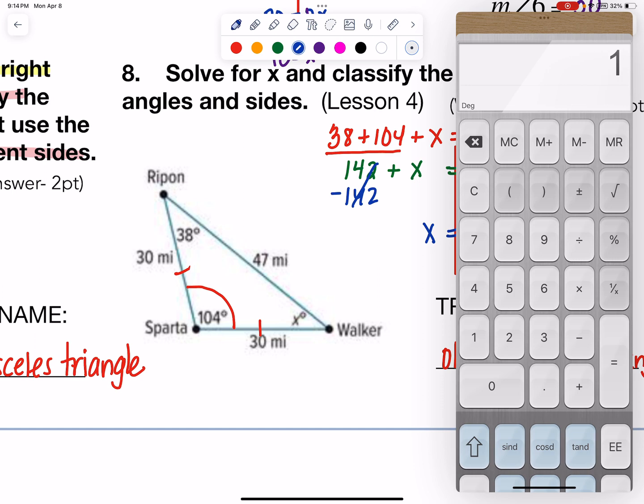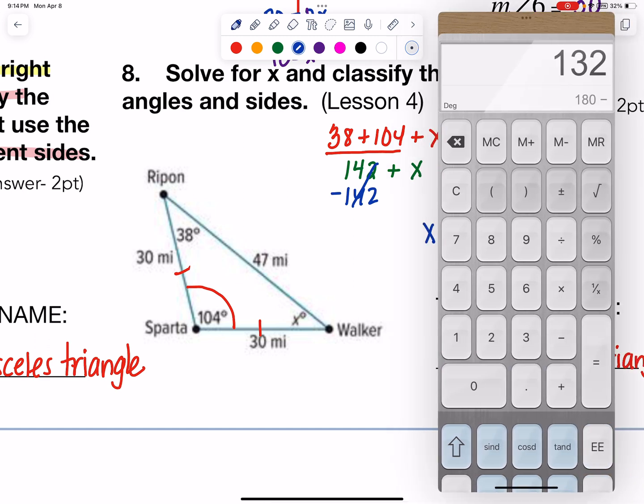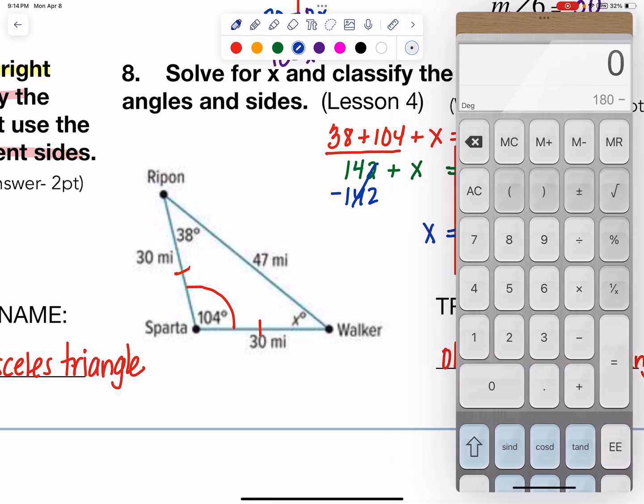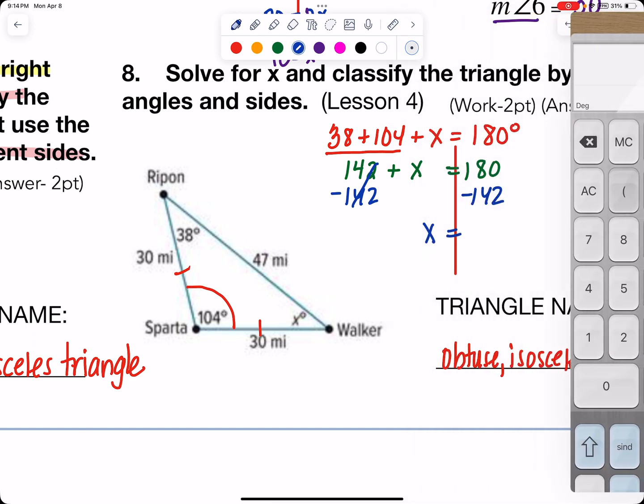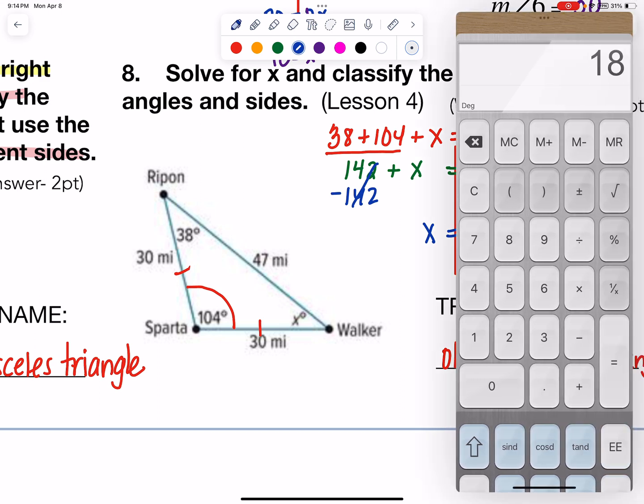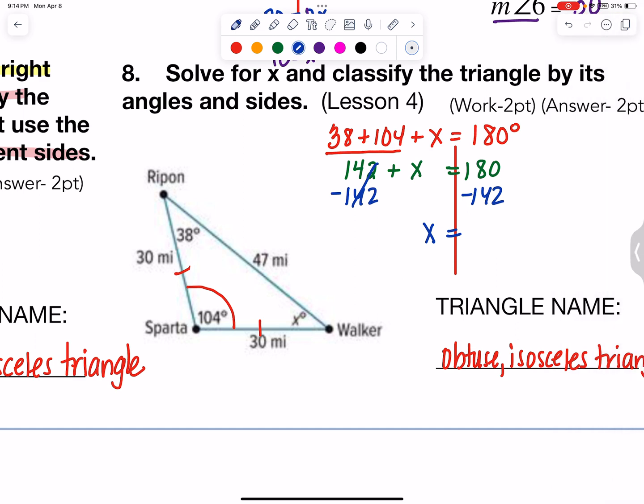So 180 minus 142 equals 38. That's a little bit better. Okay, so 180 minus 142 equals 38. So there we go. So x equals 38 degrees.